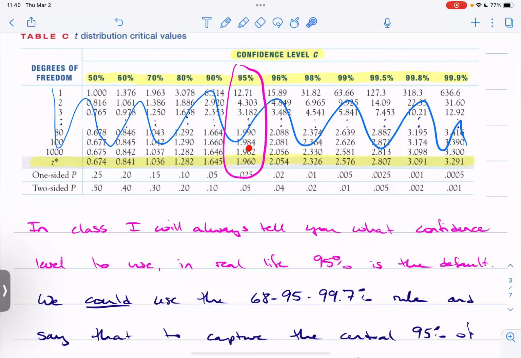Is 1.96 pretty close to 2? Yes. That's why the 68, 95, 99.7 rule is just a quick guesstimate. But if you want more precise values without using software, we're going to use 1.96.